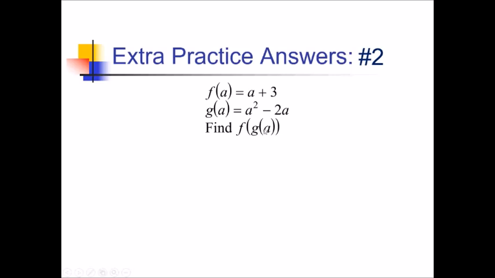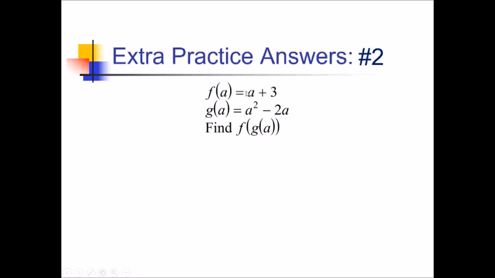For this problem, I'm doing f of g of a. So basically taking the g of a function, a squared minus 2a, and plugging that whole expression into the f function. The f function is basically doing something plus 3. So the something in this case is going to be the g of a function.